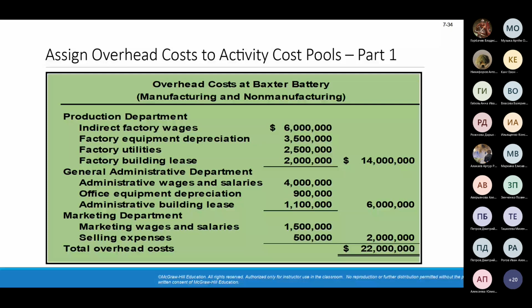If we look at our Baxter Battery company, we can see several departments here and the total overhead cost associated with all the departments. We can see that the production department is using $14 million of the overhead, the general administrative department a bit less, and the marketing department only 2 million.